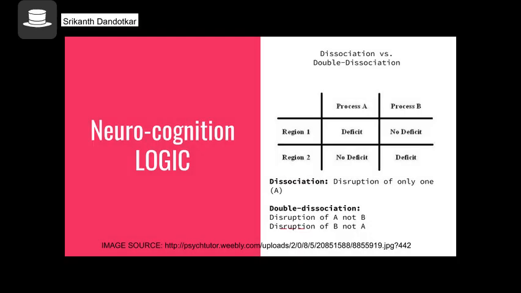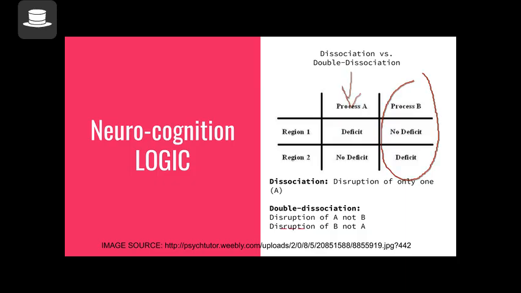So we've looked at association and dissociation. Now, dissociation and double dissociation is what we'll talk about. Dissociation is also referred to as single dissociation, to differentiate it from the double dissociation. So dissociation is where there is always a disruption in one mental process and there isn't a single case where there was a disruption in the other mental process alone.